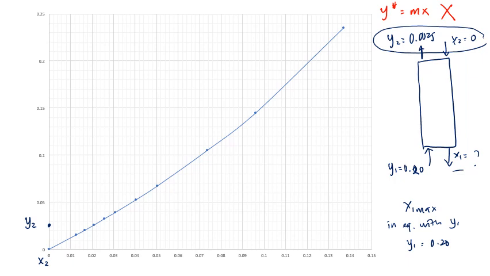You take 0.2 on this graph, which is your y1, go all the way to the equilibrium line, and this would be your x1 max, about 0.121. So take note of this x1 max equal to 0.121 to find the L min.